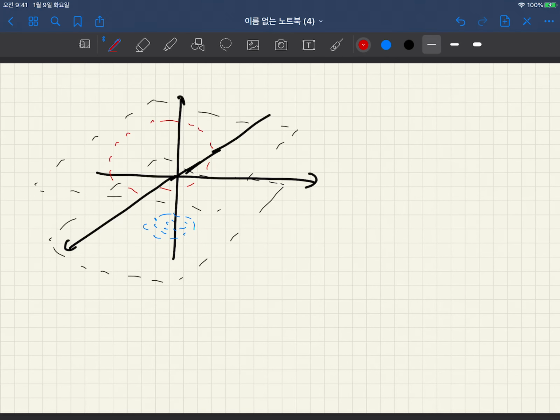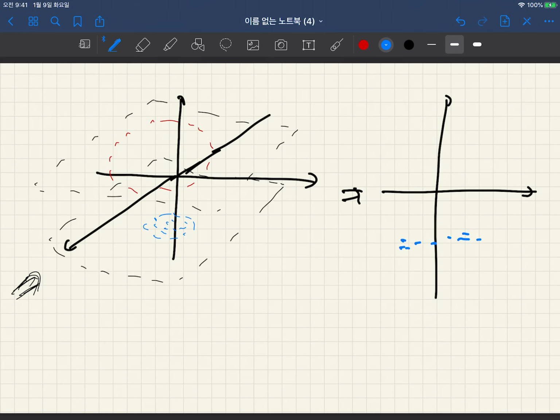And then when you project these data points from this viewpoint, then in the end you have all blue points here, all red points here.